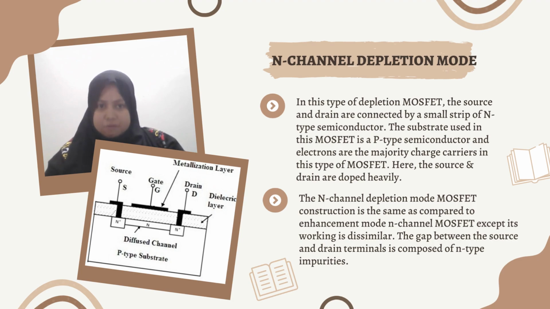Here, the source and drain are heavily doped. The N-channel depletion mode MOSFET construction is the same as the enhancement mode N-channel MOSFET, except its working is dissimilar. The gap between the source and the drain terminals is composed of N-type impurities.